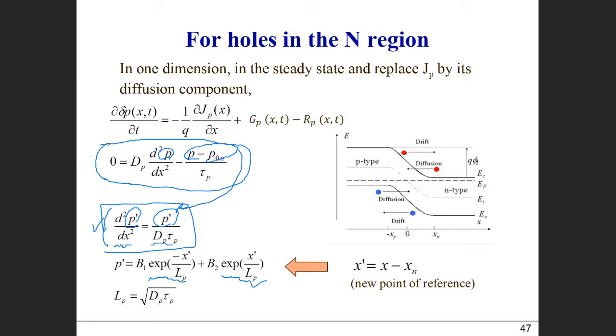So if we simply assume the solution of this p prime with P1 and P2, those are the coefficients we need to find from the boundary condition, and the exponential in here is L_p, which represents this term.